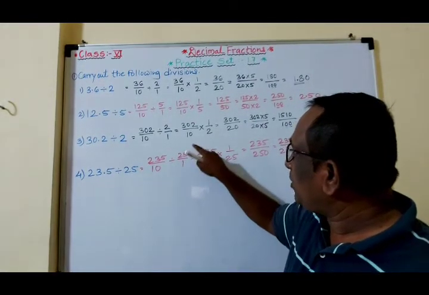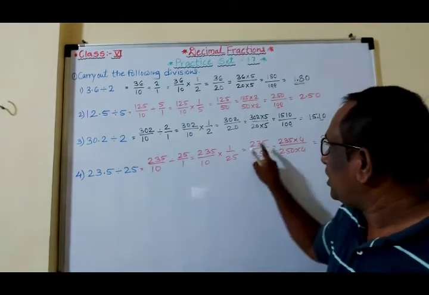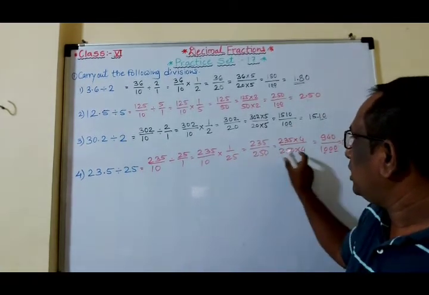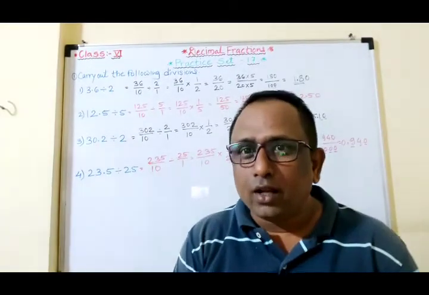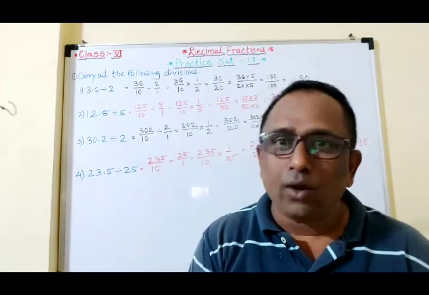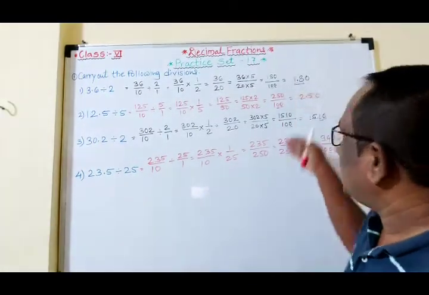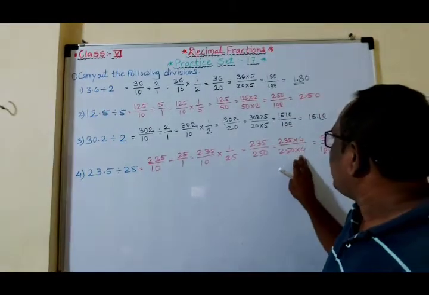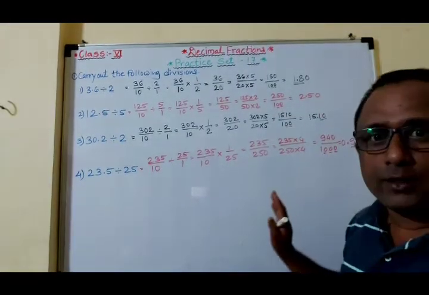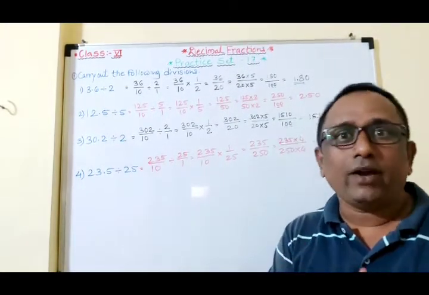So the denominator becomes the numerator, and the numerator becomes the denominator. Okay, then we have to multiply, and whatever answer we got, we have to convert the denominator either to the form of 10 or 100 or 1000. Okay, so these are the examples. Now we move and see, after that we got one fraction. Okay, that fraction you have to convert again to a decimal fraction.